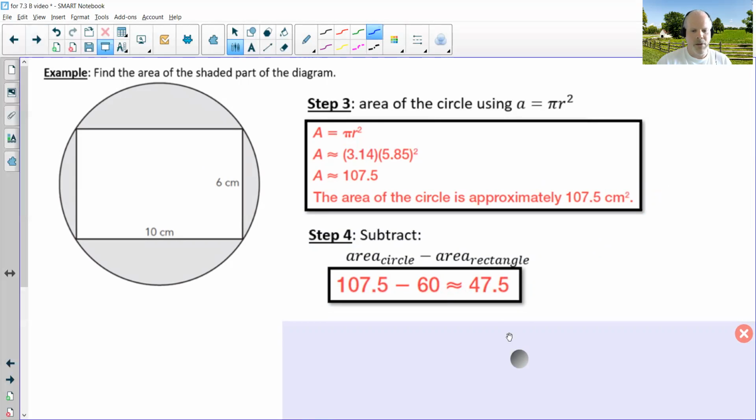Now, I say approximately because 107.5 minus 60 is 47.5. However, the 107.5 is an approximation because we had to chop pi off at 2 decimal places. So this is approximately the area of the shaded part.